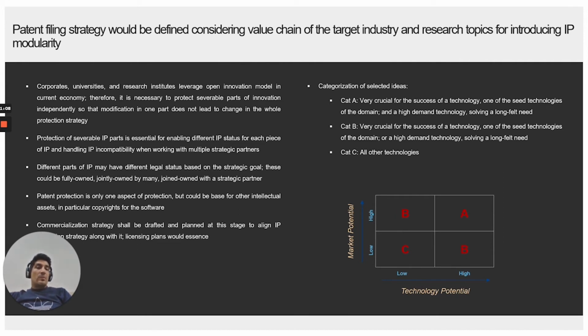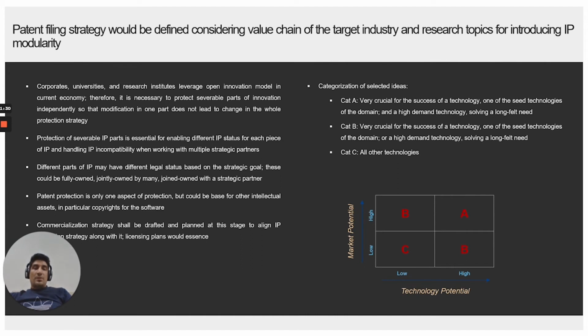So you can go with strategy B or strategy A depending upon how the market is behaving, where you are playing a role in a value chain, what kind of IP asset you want to create, what kind of commercialization strategy.